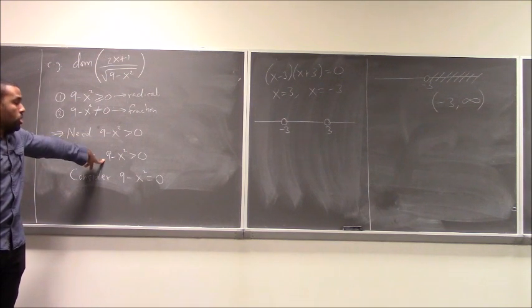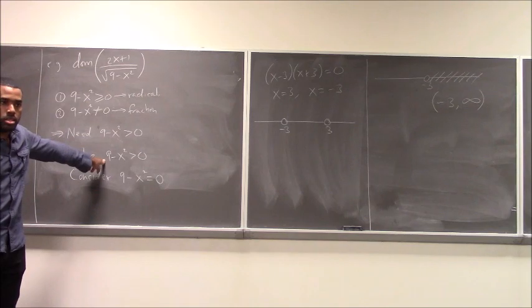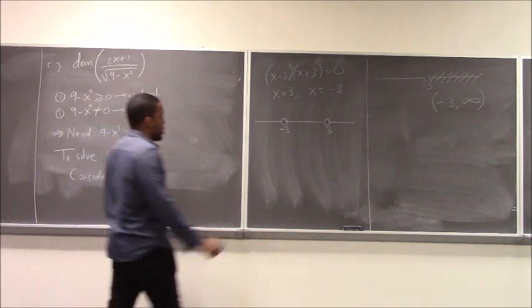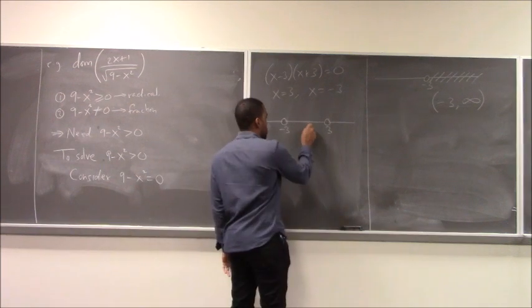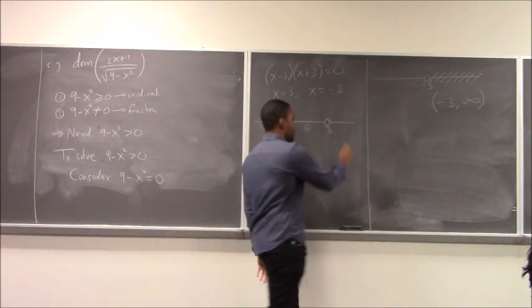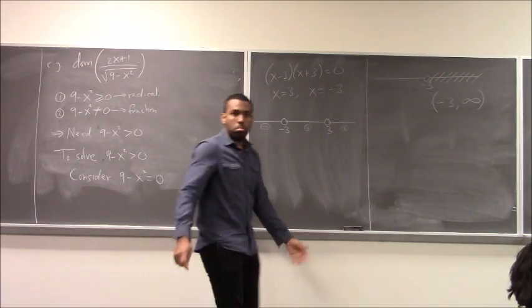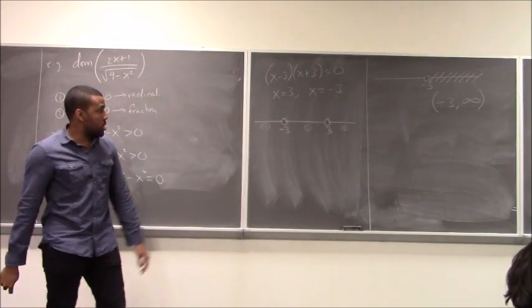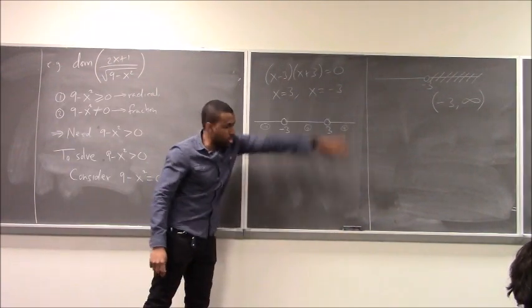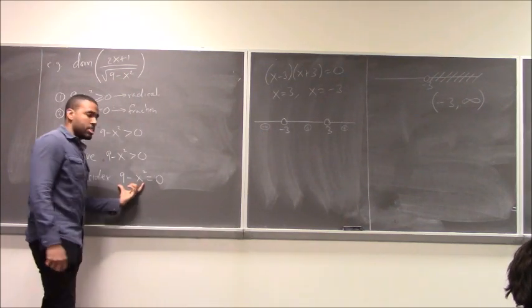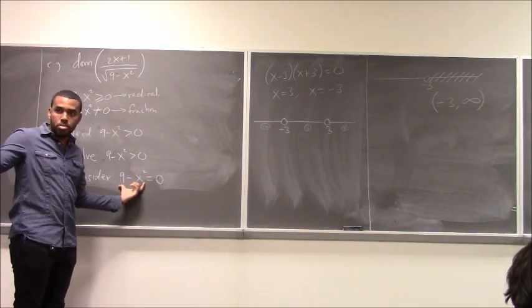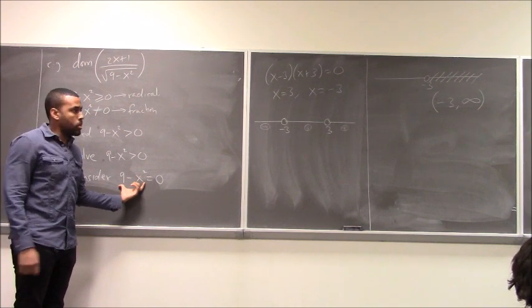There are a couple ways. One way is to just test values, test some nice values, right? So let's say you can plug in a minus 4. Here you can plug in a 0. Here you can plug in 4. Just pick any nice numbers inside any of these intervals. And you're going to take that number and plug it into the expression 9 minus x squared and see, does it give me a positive number or a negative number?